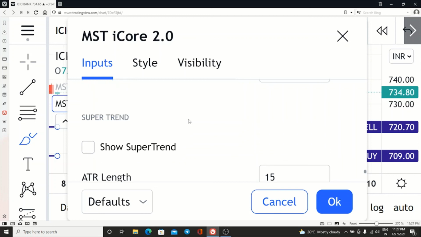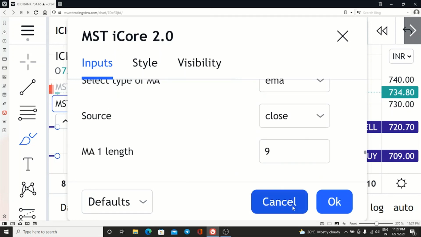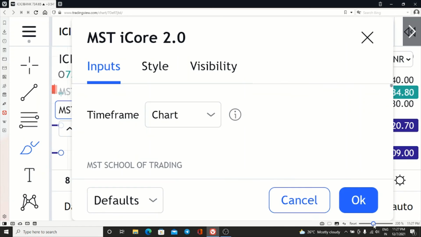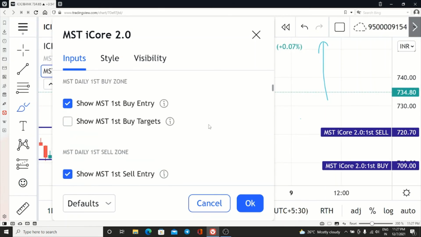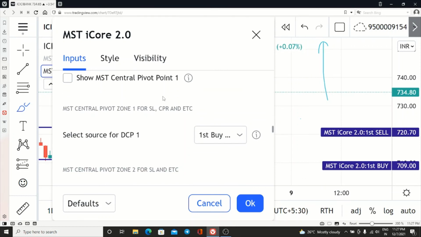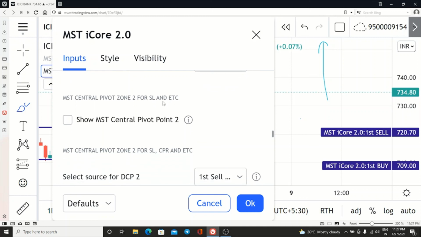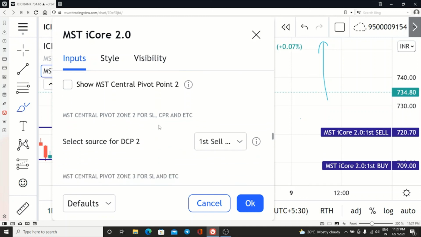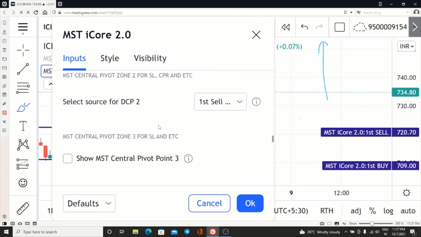These both extra features you will get. In addition to that, you will get this MST central pivot point 1. This MST central pivot point 1 is there in the 2.0 also. In 3.0 you will be getting MST central pivot point 2 and 3.